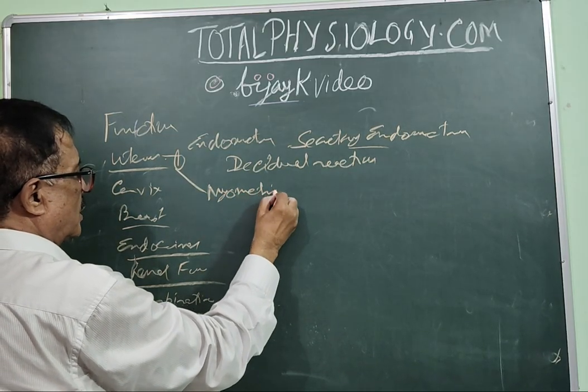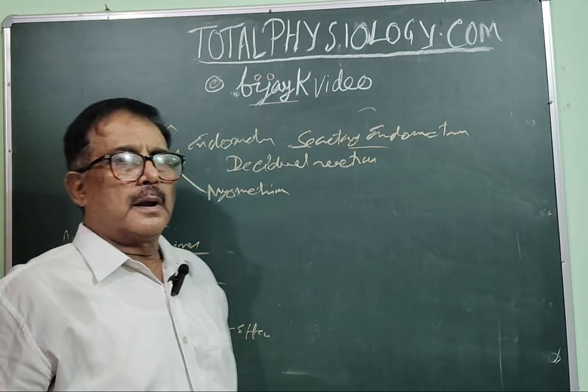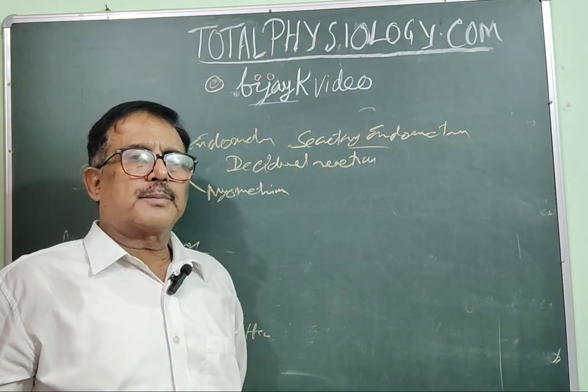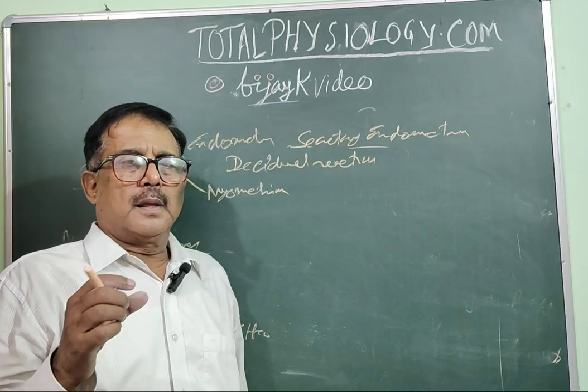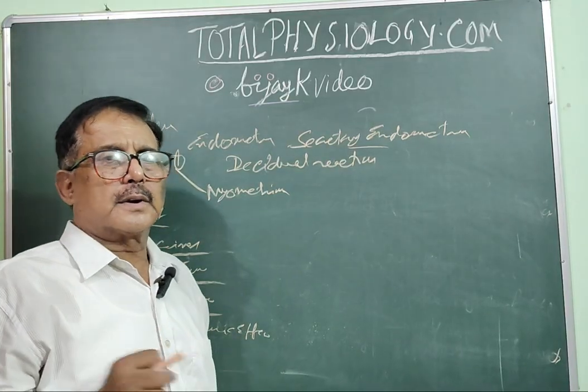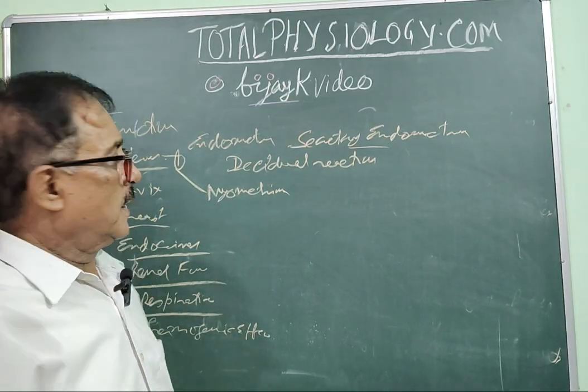Number two, on the myometrium. On the myometrium, it reduces receptors for oxytocin. Oxytocin causes contraction of the myometrium.